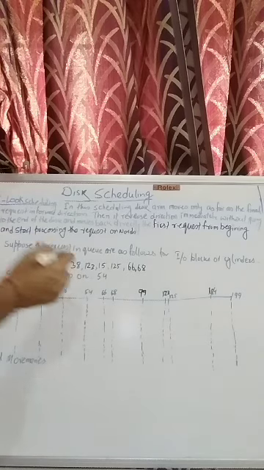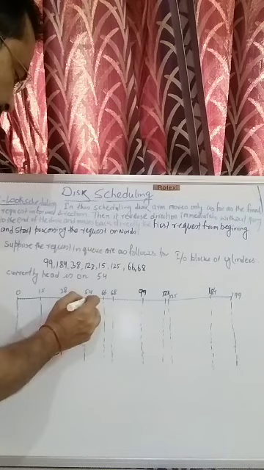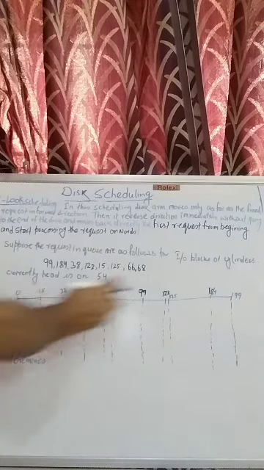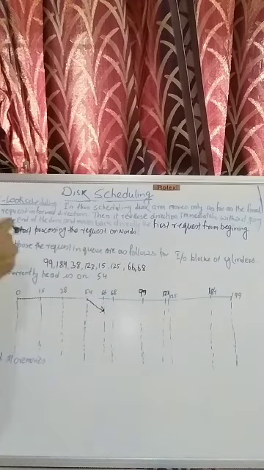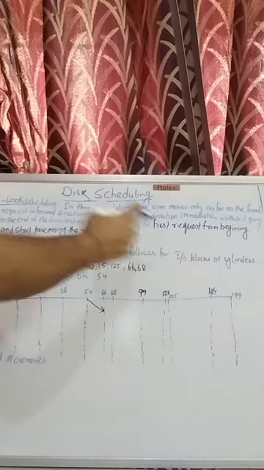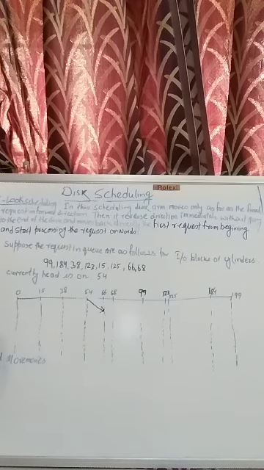So if we consider the head position at 54, then we arrange the requests in this scheduling. We suppose there are a number of requests from different processes pending in the queue for IO blocks or cylinders, that is 99, 184, 38, 123, 15, 125, 66 and 68, and the head is on 54.